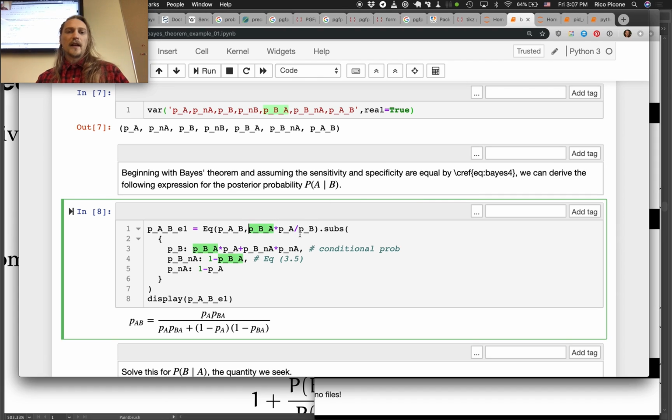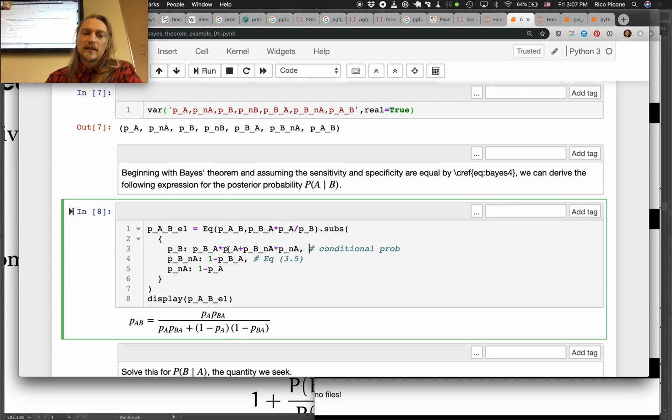And then I say, probability of B is, using the conditional probability idea, the probability of B given that A times probability of A plus the probability of B given that not A times the probability of not A. So there's that substitution I'll make.